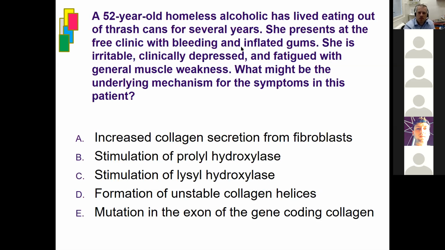There are also some neurological problems such as fatigue, muscle weakness, irritation, depression. And now if you can link some or all these problems to a molecular level, where could be the problem here? It's obviously related somehow to metabolism of collagen.